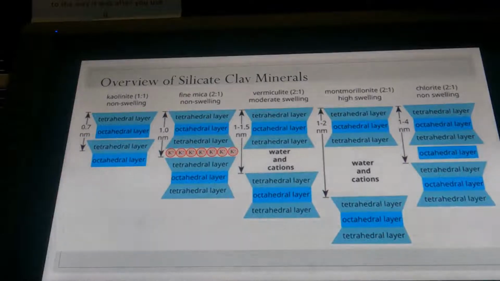So being able to know what the CEC is, some of those characteristics, like a mica has this potassium fixation. That should be the dead giveaway for that one. When you see potassium, you'll think of mica with a K, right? One way to remember that.